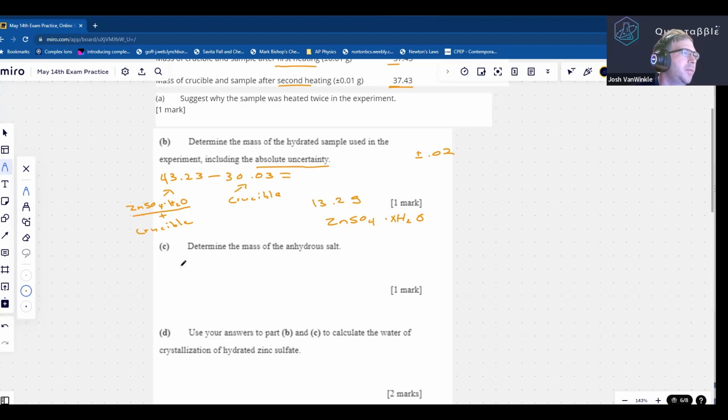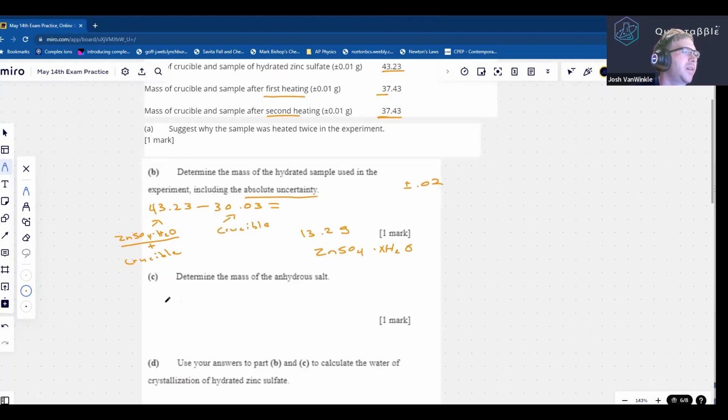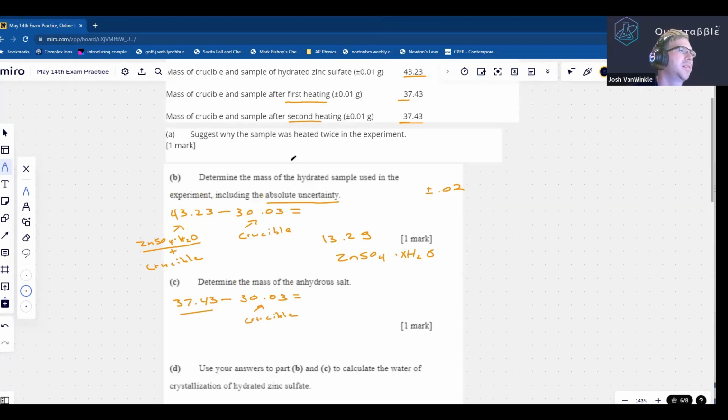So what if I just do this? What if I just do 37.43 minus the 30.03? Because remember, this is the crucible by itself. And what was this number? You guys look. After heating. Yeah, it is after the heating. So what's in that crucible after the heating? Well, there's no more water.